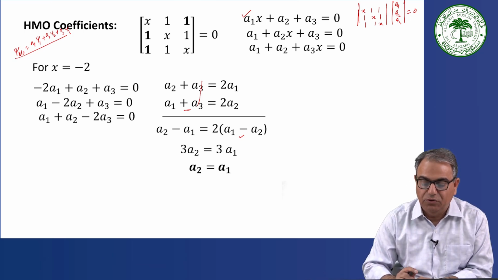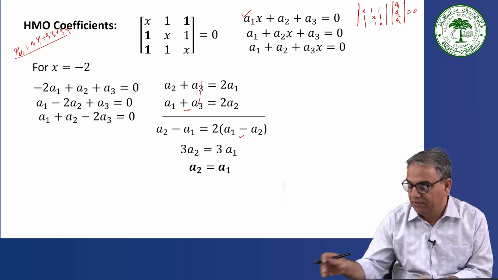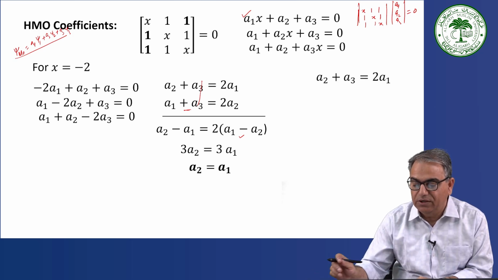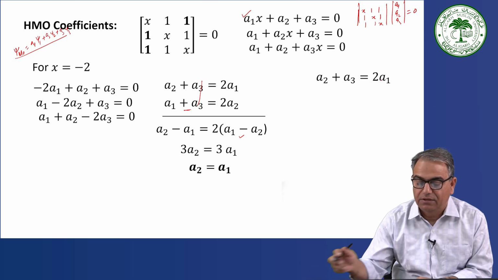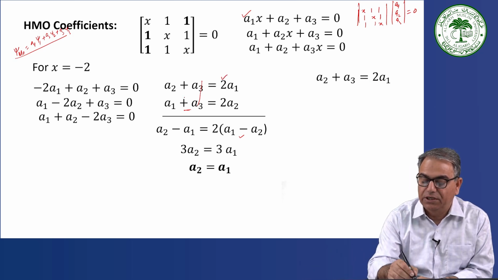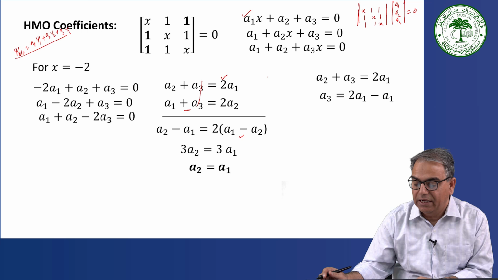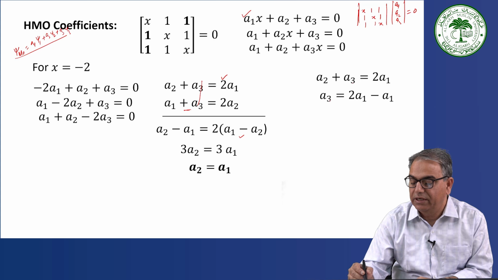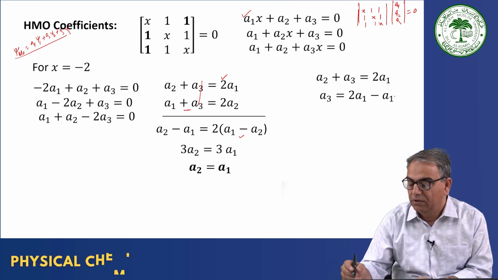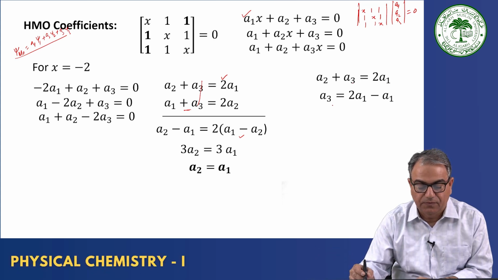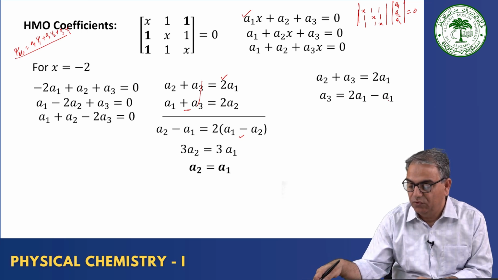So we did not get the value, but we got a2 is equal to a1. Now what you can do, a1 plus a2 plus a3 is equal to 2a1. This is the equation, a2 plus a3 is equal to 2a1, and you have a3 is equal to 2a1 minus a2. a2 should have been there.